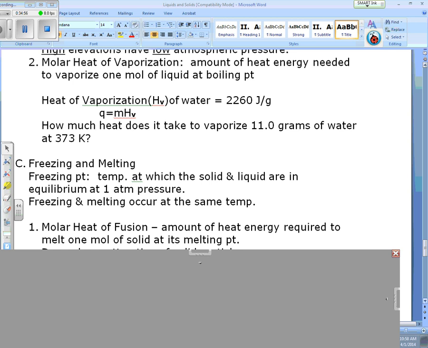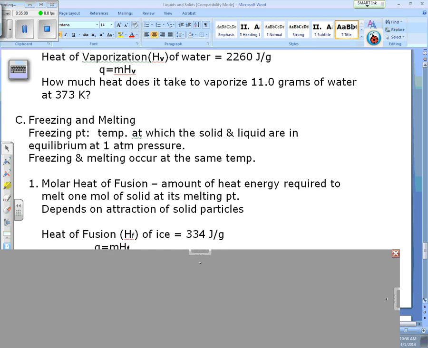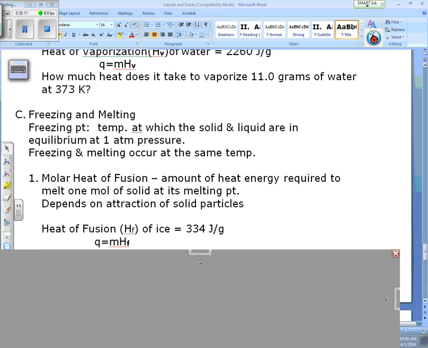Heat of vaporization is used for vaporizing. The formula looks very much the same. Q equals mHF, where HF is the heat of fusion. Now, the heat of fusion of ice is 334 joules per gram.